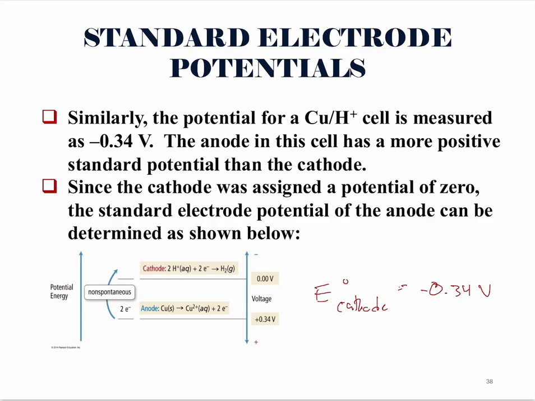And again, volts is just the unit of electrical potential. A volt is something you can convert into joules, so it is a unit of energy.